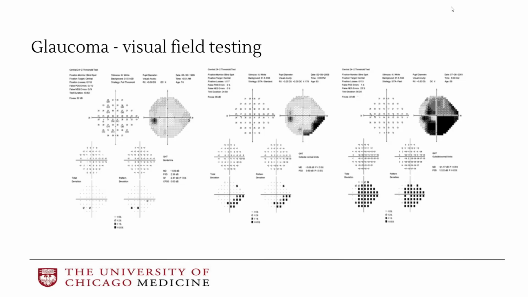And that's very helpful to understand the function of a patient with glaucoma. Do they have a very restricted visual field? Is it safe for you to drive or to do other activities? So visual field testing is very important.